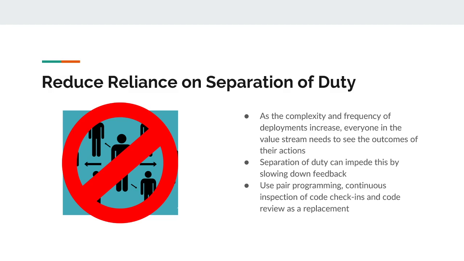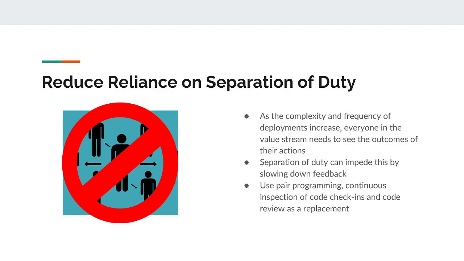One large fallout of the separation of duties is the slowdown and reduction in feedback that engineers can receive on their work. Some alternatives we should look into employing in place of separation of duties include pair programming, continuous inspection of code check-ins, and code reviews. These can provide reassurance as to our code quality and our work.